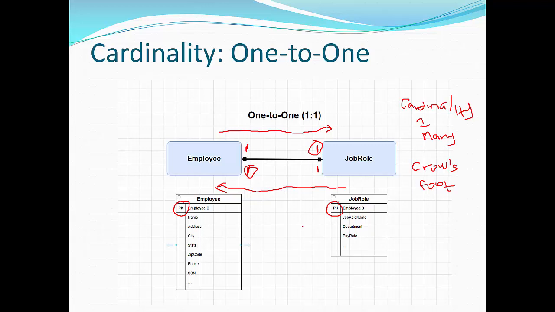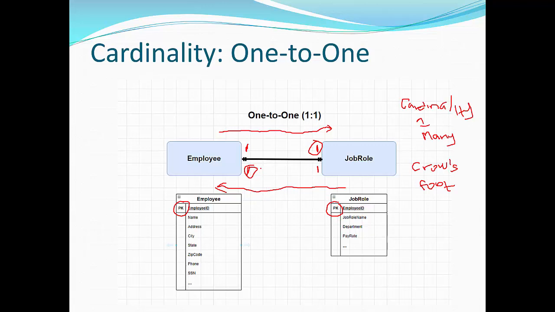So judge each design by its merits. That's your one-to-one cardinality, and in this case it tells us where we are going to put the keys. We know that the primary key is going to be on both of those entities in our one-to-one cardinality.